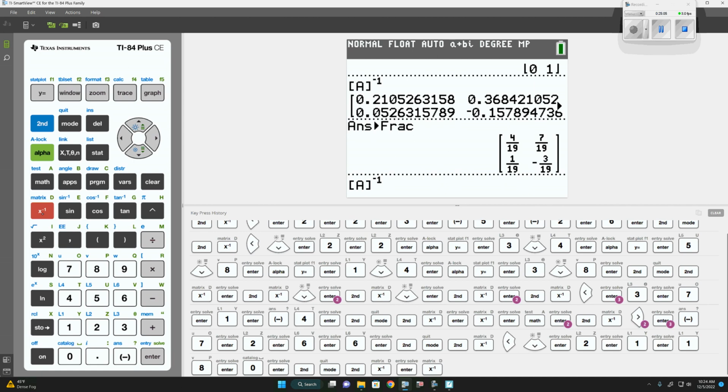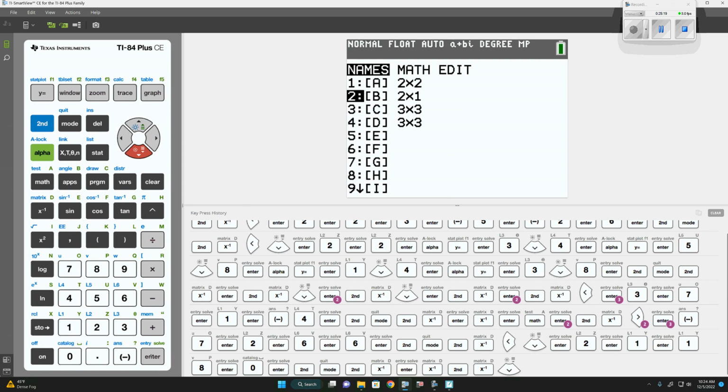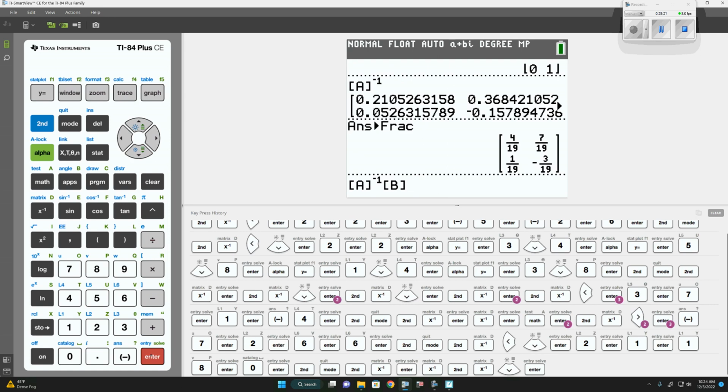So that's telling the calculator I want you to find the inverse of A. And we could do that and then try to plug it back in. But that's already found the inverse. Then what do we want to do? We want to multiply it by B. So I can say matrix A inverse times B.